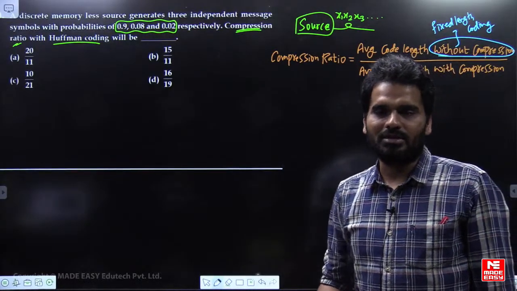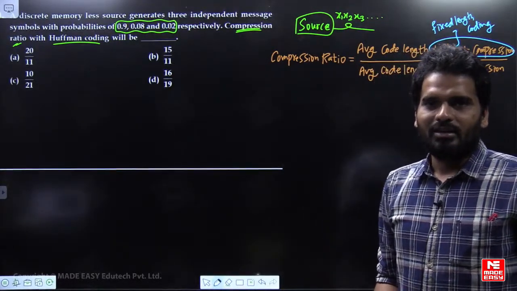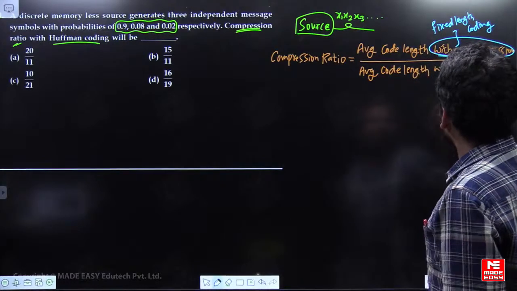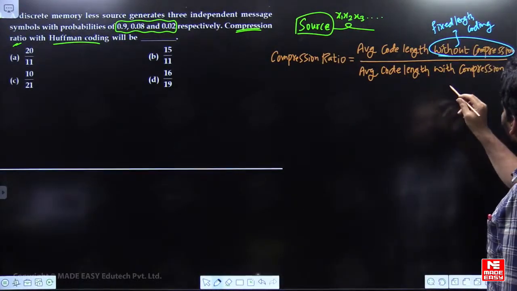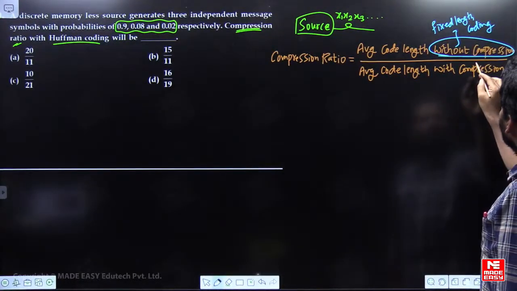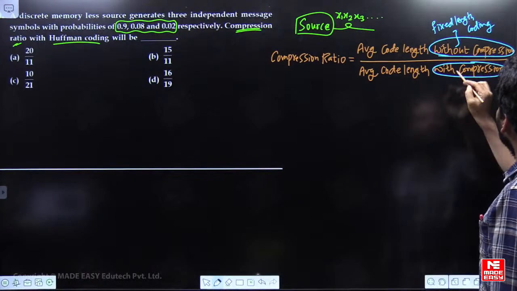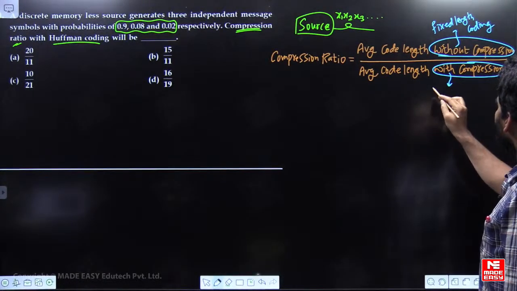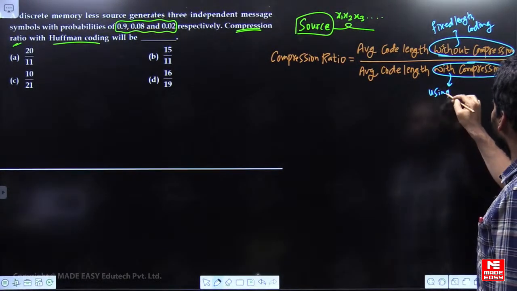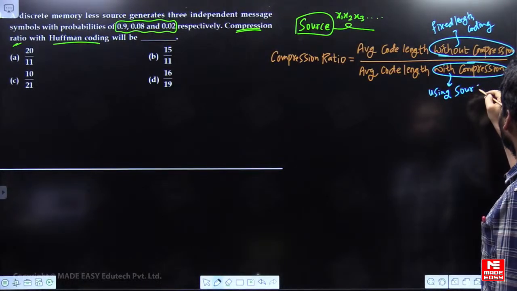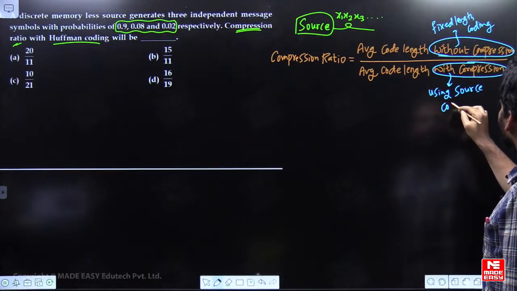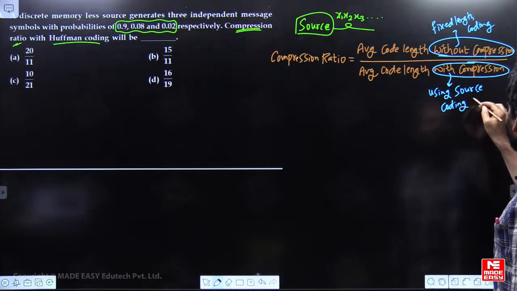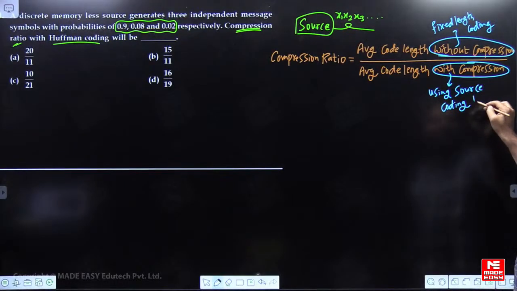Every symbol is represented by the same number of bits. But with compression means using a source coding technique.